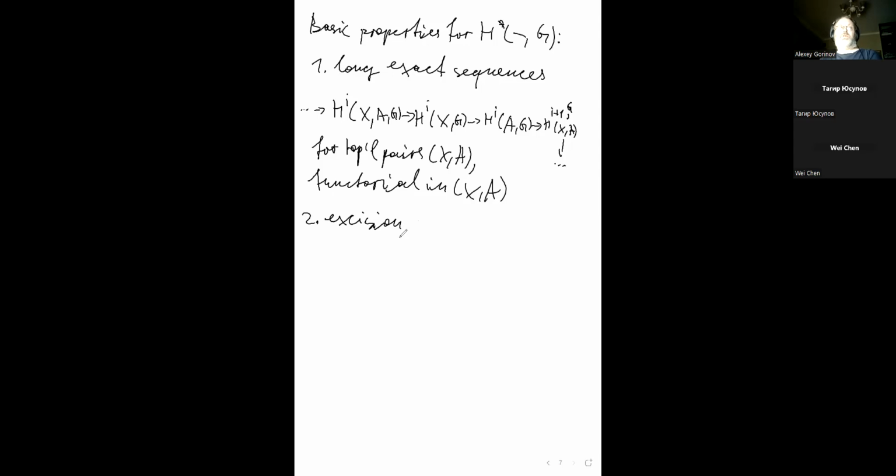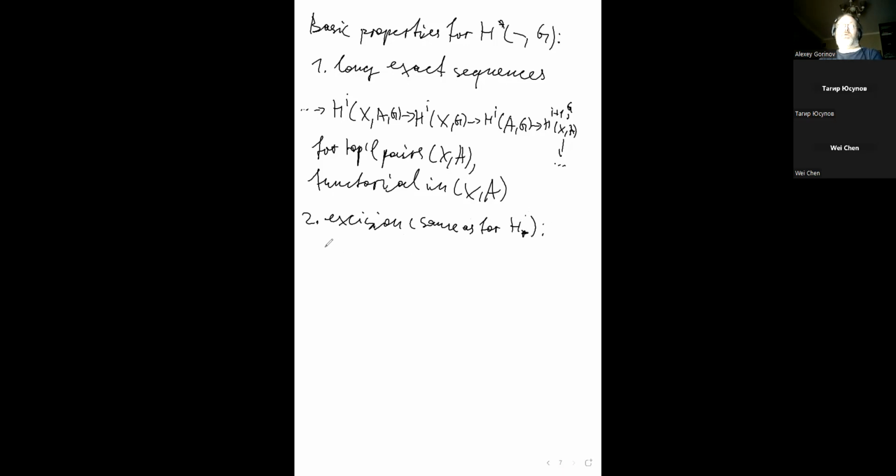the second property is excision, which is exactly the same as for homology.